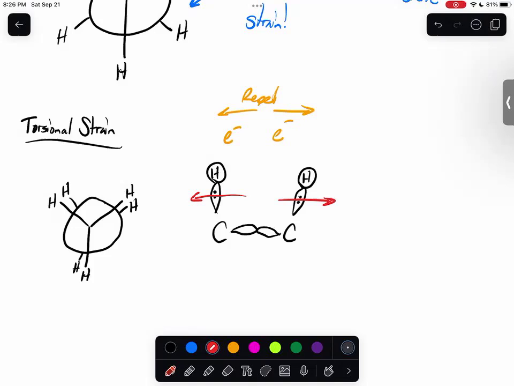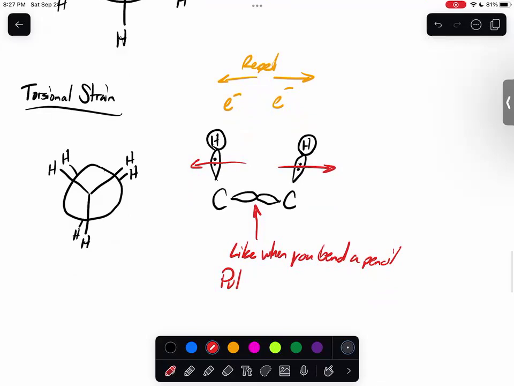If you've ever tried to push away two things like that on a bond, you can imagine it like the bond between the two carbons. This is like when you bend a pencil, right? It's like you're pushing on both ends, and the center of the pencil is now feeling that strain.